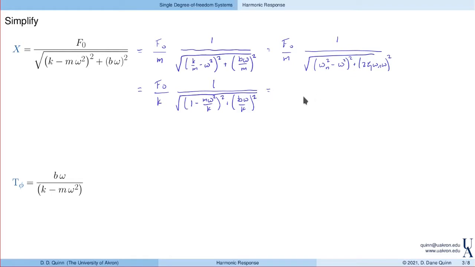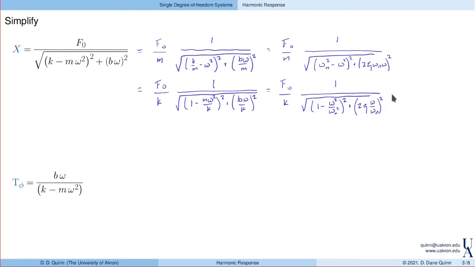Simplifying this once again, we have F naught over k, and then what's left becomes 1 minus, well, k over m was again omega n squared, so I get omega squared divided by omega n squared, quantity squared, plus, when I simplify this, 2 zeta omega divided by omega n, quantity squared.